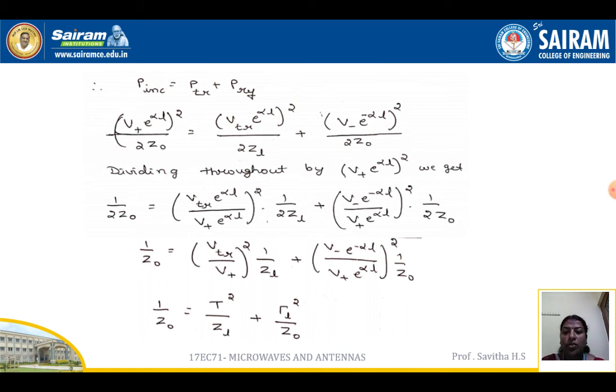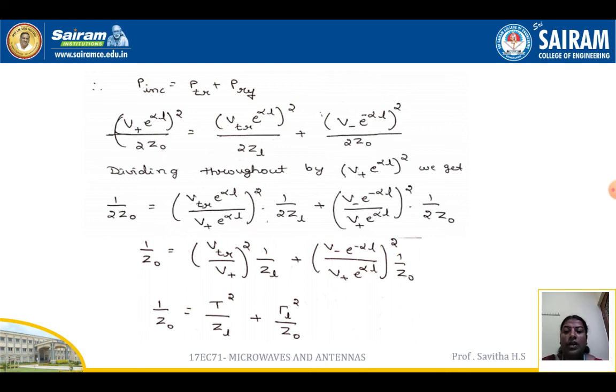Substituting all the values here and dividing throughout by V plus e to the power of alpha L whole square, we get 1 by Z0 equals VTR e to the power of alpha L divided by V plus e to the power of alpha L whole square into 1 by 2 ZL plus V minus e to the power of minus alpha L divided by V plus e to the power of alpha L whole square into 1 by 2 Z0.